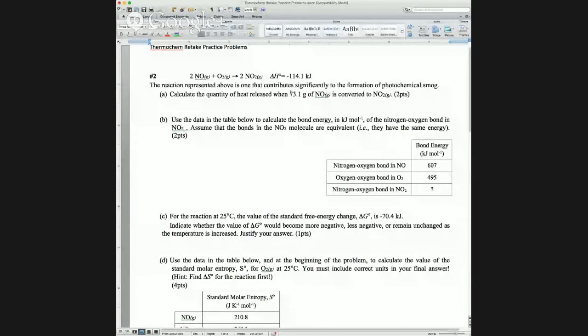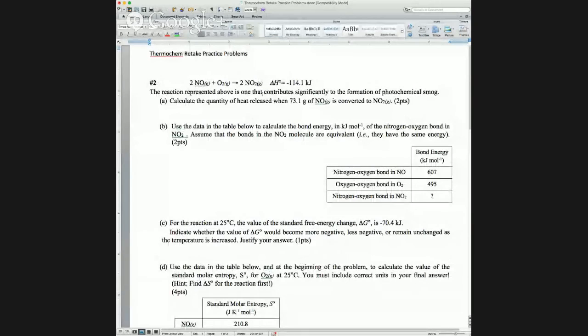All right, so we have this reaction, and this one right here contributes to the formation of photochemical smog. Very interesting. Nitrogen monoxide plus oxygen in the air gives you nitrogen dioxide. So calculate the quantity of heat released when 73.1 grams of nitrogen monoxide is converted to NO2.